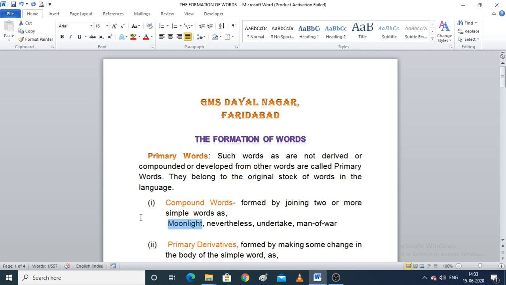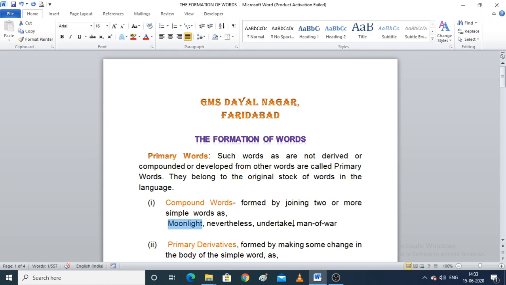When we add them together, the second word, light, is modified by the first word, moon. So the accent would be more on the word light rather than the word moon, because the word light is modified by the word moon.